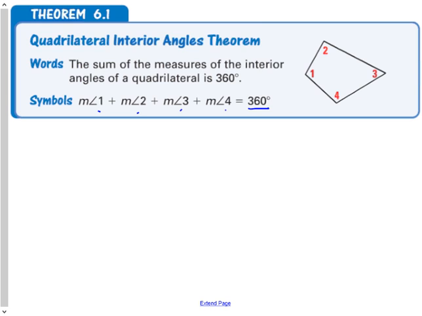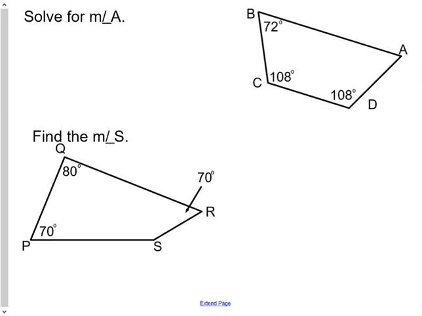With that information, we can have diagrams that have 3 angles, and we can solve for the missing angle. So solving for angle A, this looks like a kind of upside down trapezoid possibly.